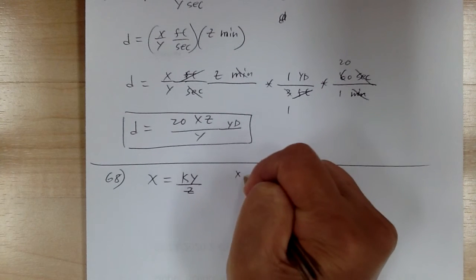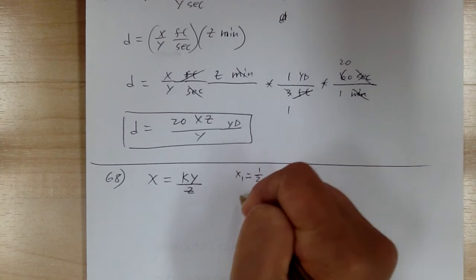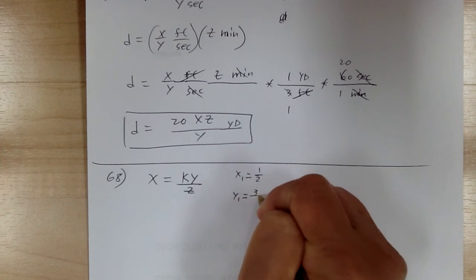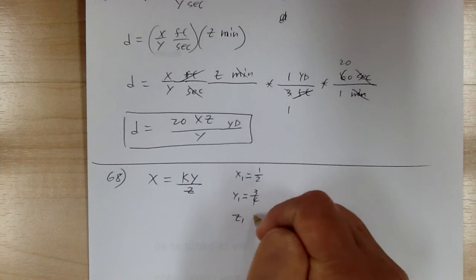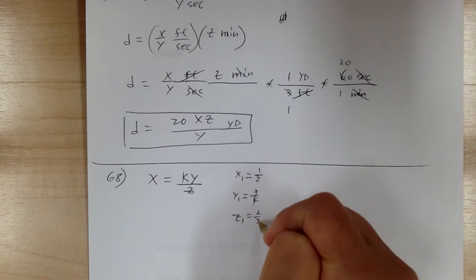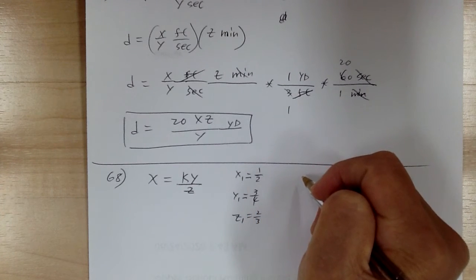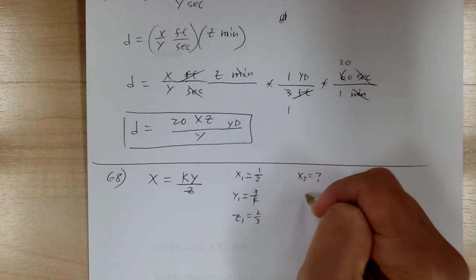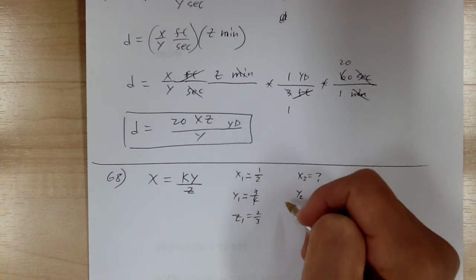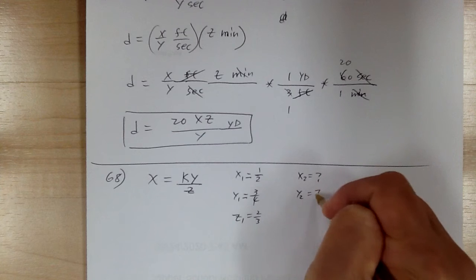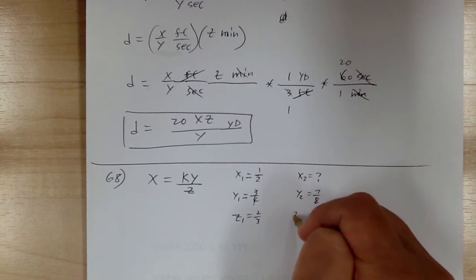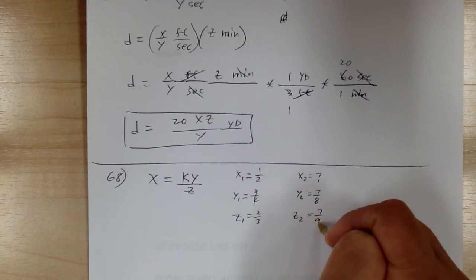So x1 equal to 1/2, y1 equal to 3 over 4, and z1 equal to 2 over 3. And you're looking for x2 when y2 is equal to 7 over 8 and z2 equal to 7 over 9.